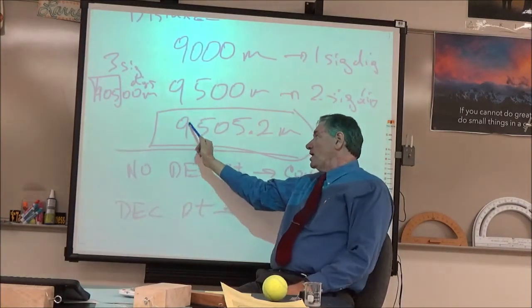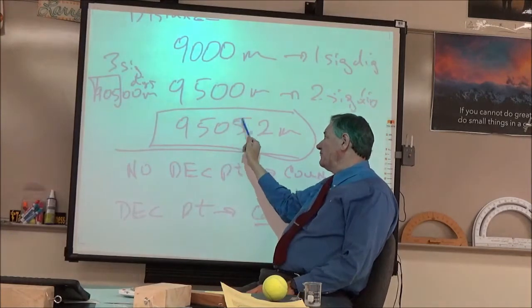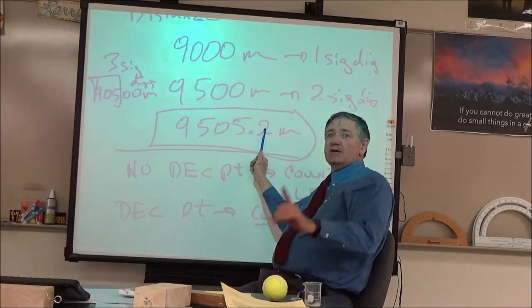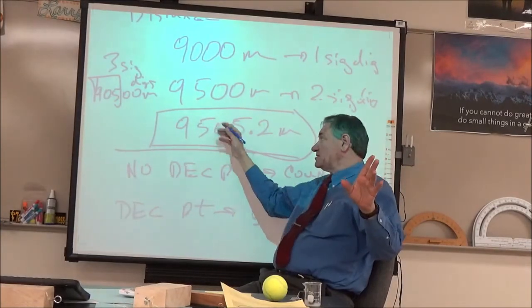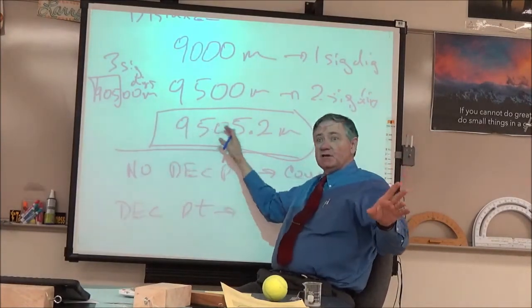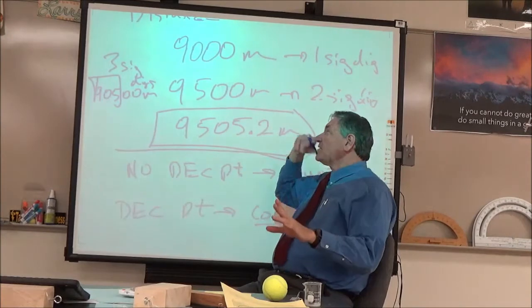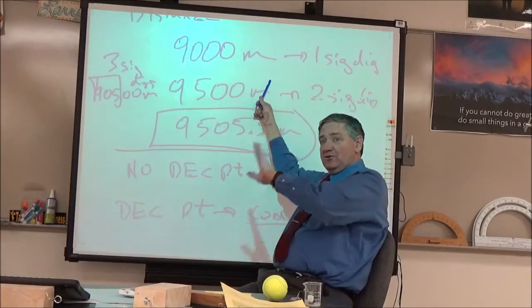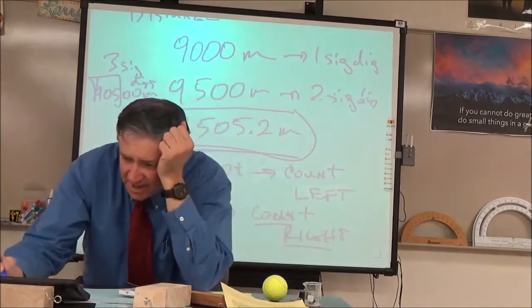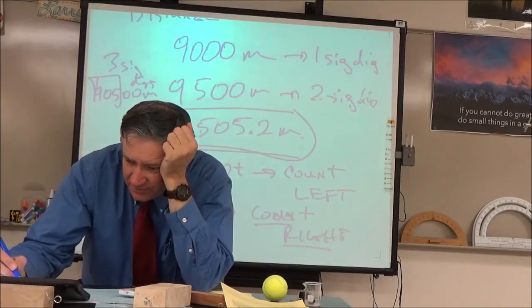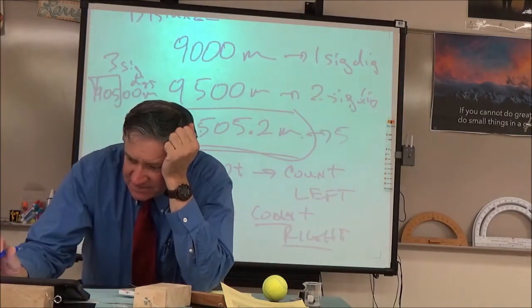You're going to go 1, 2, 3, 4, 5. So this would have 5 significant digits. If there's a decimal place, go left, count right. If there isn't a decimal place, you go left and you keep counting left. So this would have 1, 2, 3, 4, 5 significant digits.